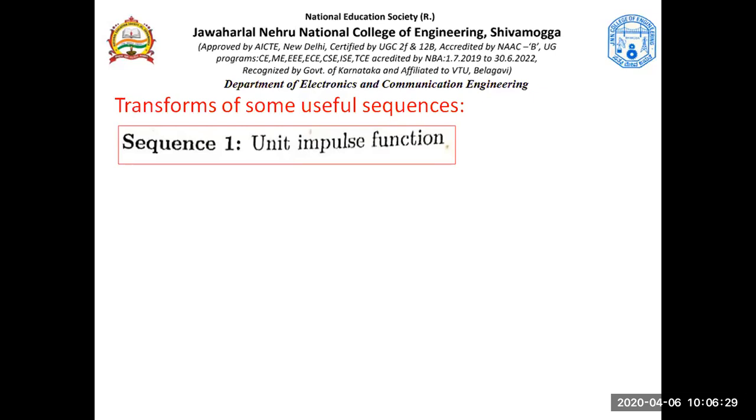This is the main difference that one needs to understand. So here we have a sample of amplitude 1 at n equal to 0. That is your unit impulse function, delta of n. Delta of n is 1 at n equal to 0 and it is 0 at all n not equal to 0. So there is a signal existing only at n equal to 0.